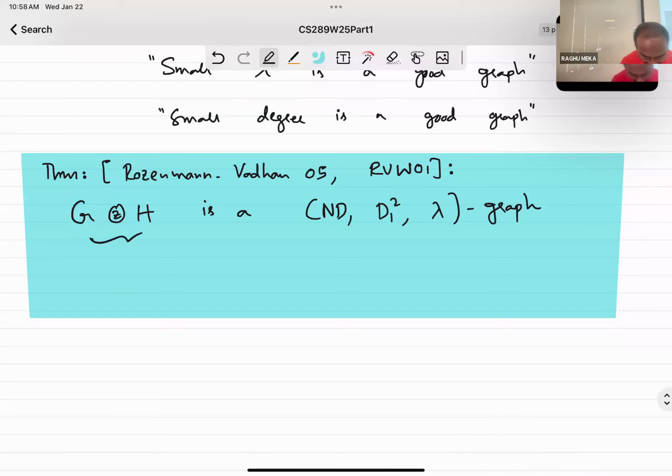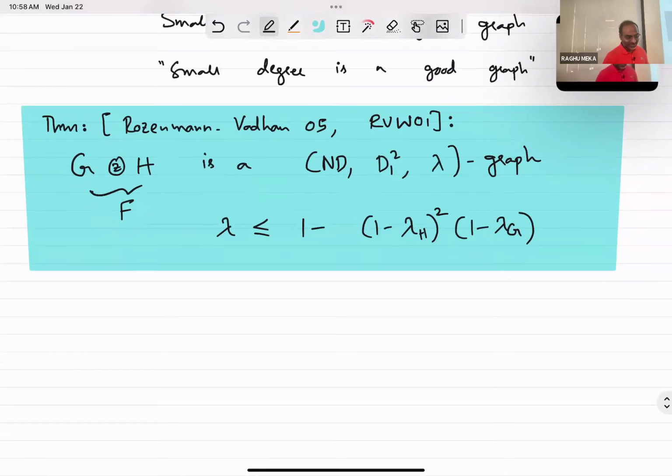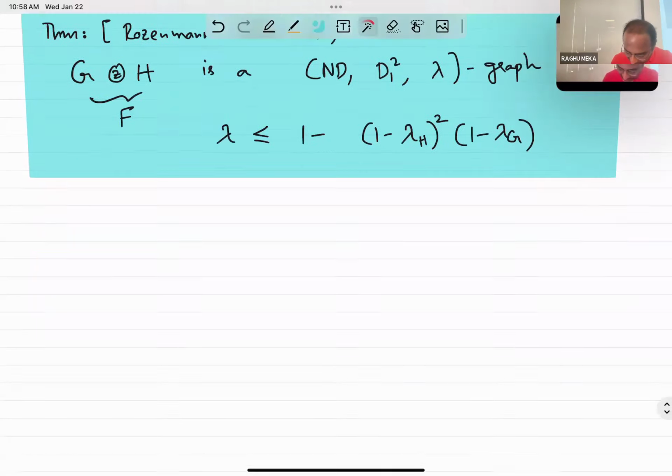Let me call this graph F, where lambda is the following. It looks like a weird equation, but lambda is at most 1 minus (1 minus lambda_H squared) times (1 minus lambda_G). To get a sense of this, you should think: what's happening here?